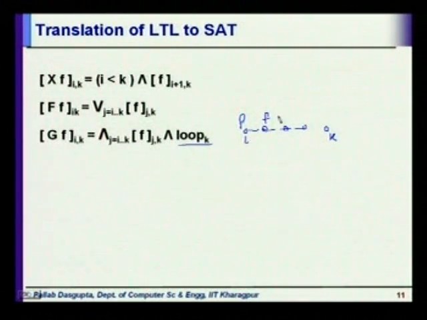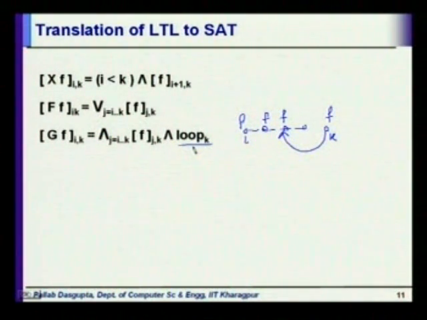But that we know is not sufficient, because what we need also is that there should be a loop. It should be looping to some state in between, because remember that the loop clause actually checks whether there is a transition from sk to s0 or sk to s1 or sk to s2 and so on, right. Now this loop_k is always checked from k, the last state in your bound.